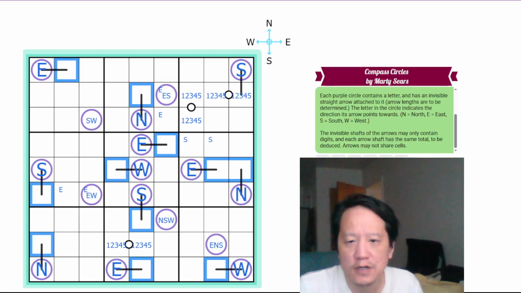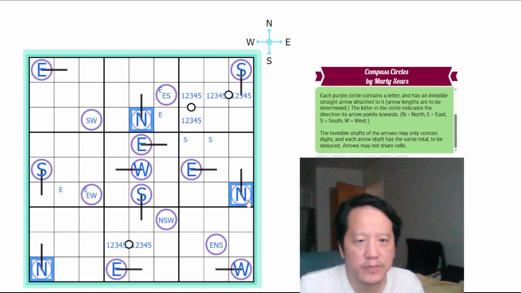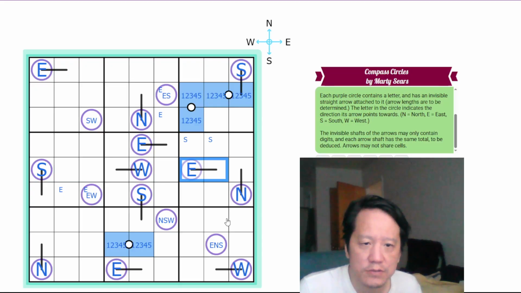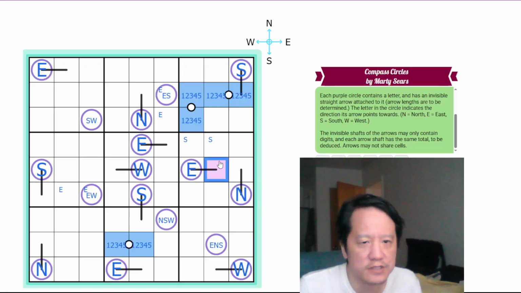Okay, let's mark the digits only as blue. Oh, this is a singleton digit. Because it goes east, it cannot share, so this is done here. So whatever digit is here is the singleton digit.